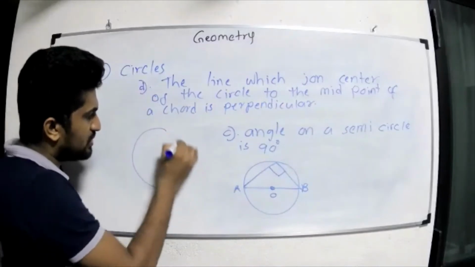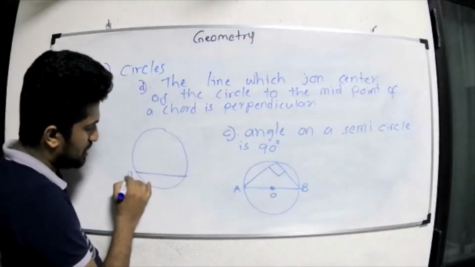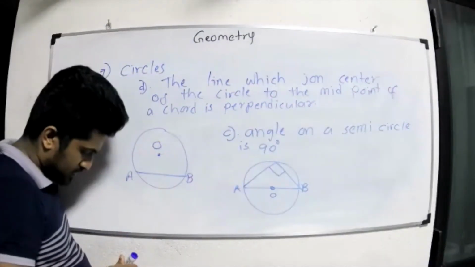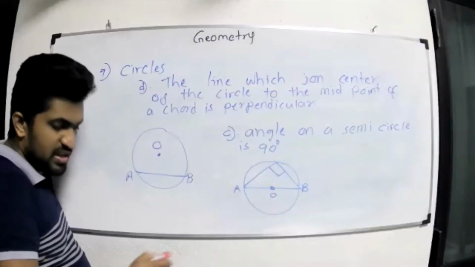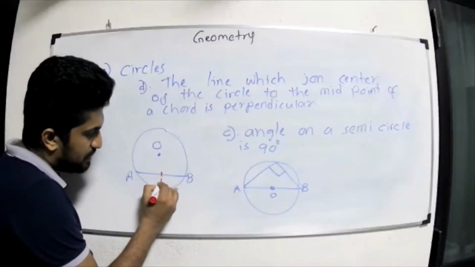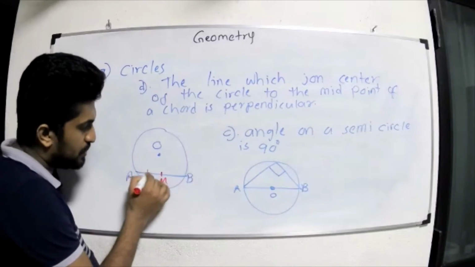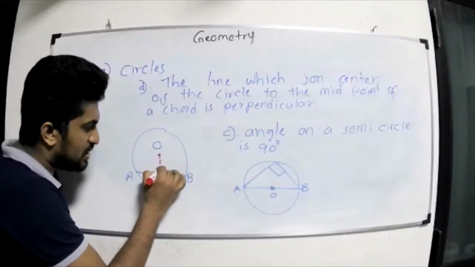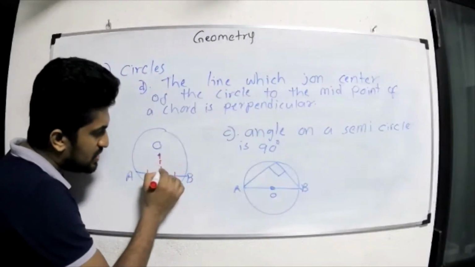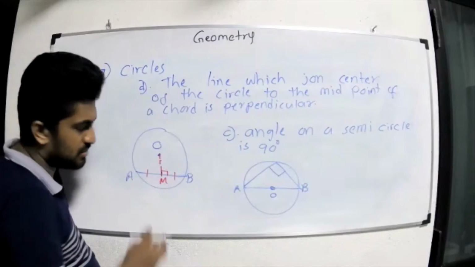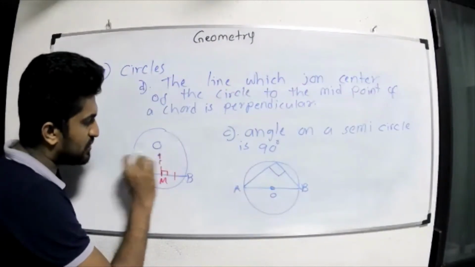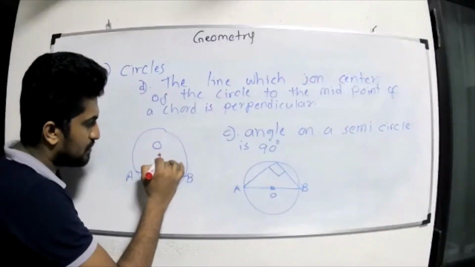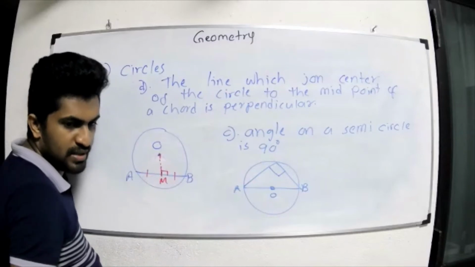If this is a chord, the line which joins 2 points of a circle is a chord. This is the center. Look at this. If M is the midpoint, look at this carefully, midpoint means these two parts are the same. The line which joins the center of the circle to the midpoint of the chord is perpendicular. That is a theorem.